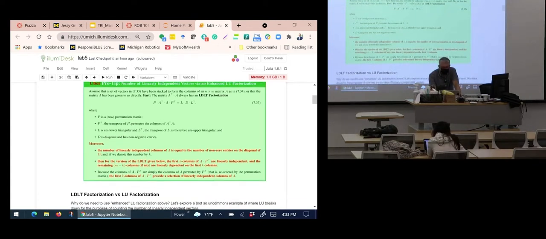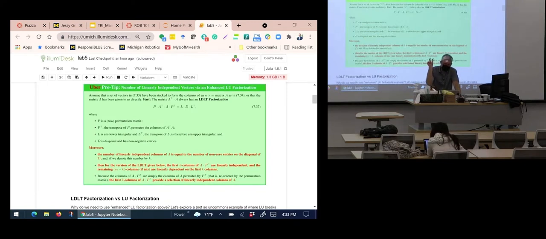It says you take A transpose A that we used in the pro tip for determining linear independence or not, and we modify it just a little bit.